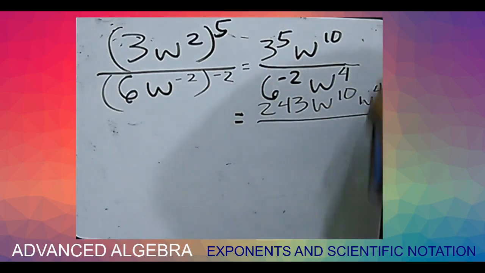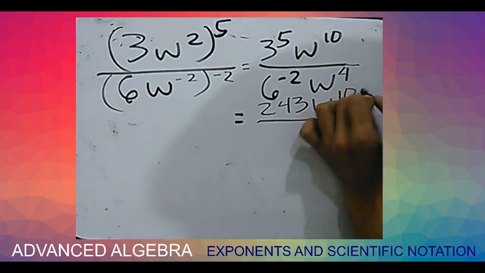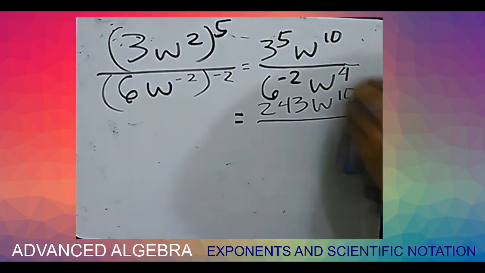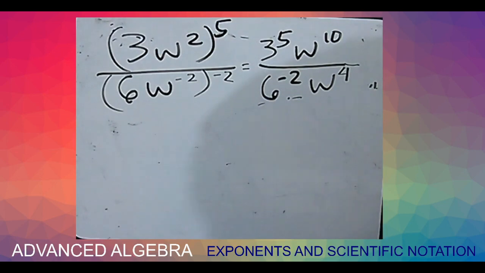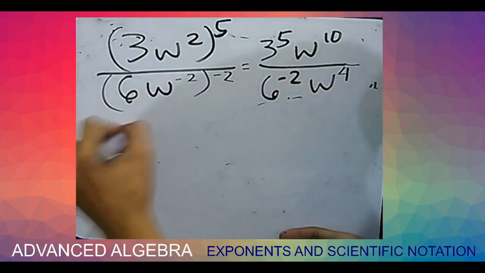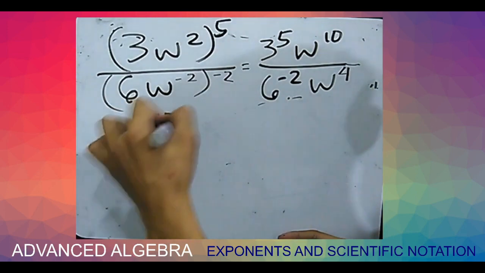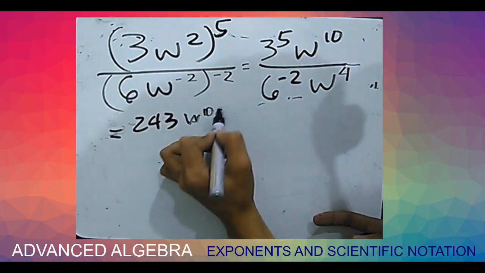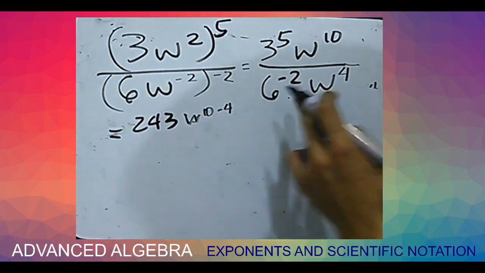Ay mali, hindi ko pala itataas. Ililipat mo pala kasi magkaparehas ang base, so minus 4. Lagay natin dito sa dulo. So 243, W 10 minus 4. Tapos itataas natin si 6 to the negative 2 power.